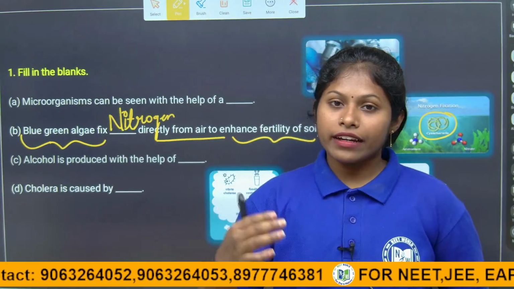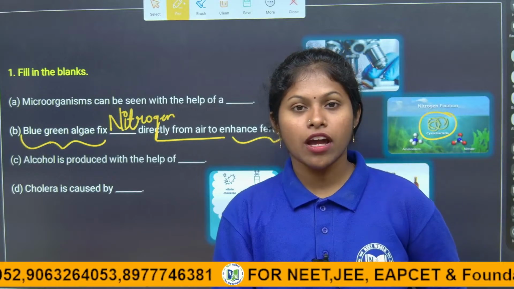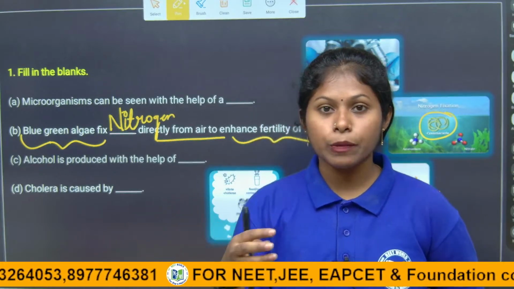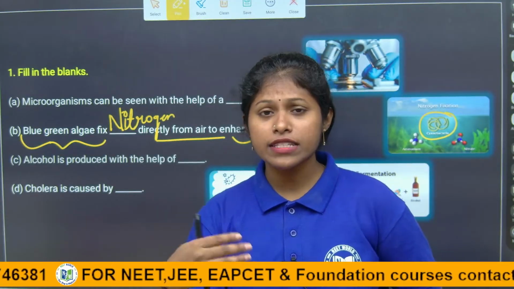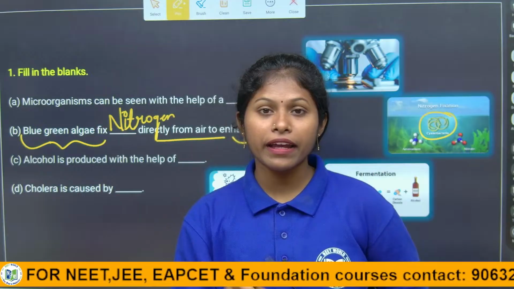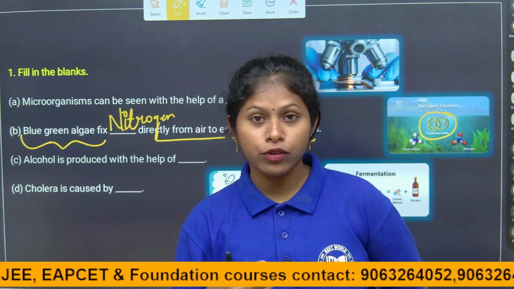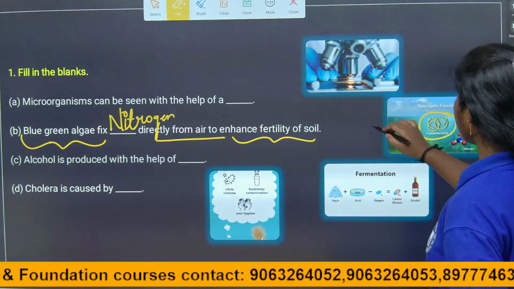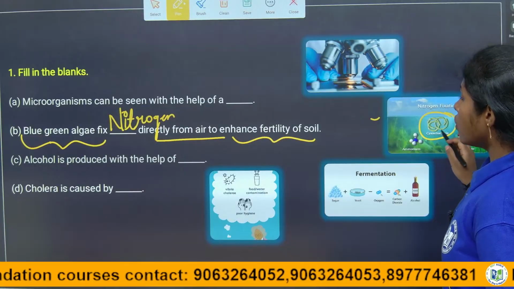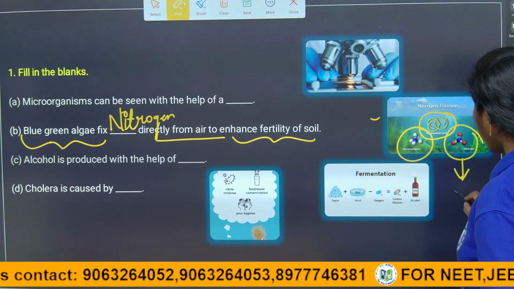So we indirectly rely on plant-based food products, and animals also, the plant eaters called herbivores, are dependent on the plants. Thereby they are indirectly getting the nitrogen, and this is how the requirement of nitrogen in their bodies will be met. So here the cyanobacteria convert it finally to the nitrate form.